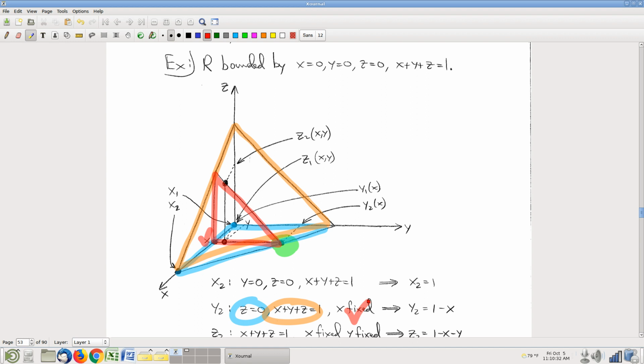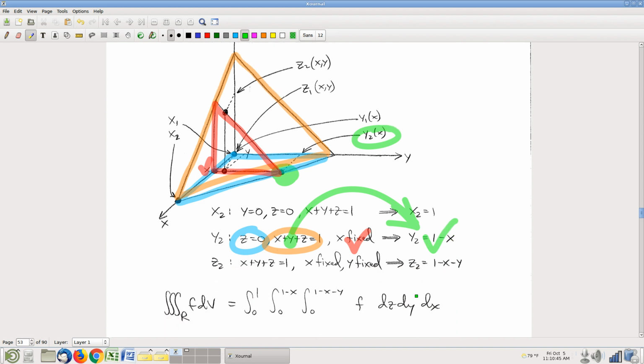Again, go through and solve for what you're interested in. You're trying to find the value of y there. Solve for that y, and you'll notice 1 minus x. So that's this y bound. Notice that it is a function of x. That's okay. It's supposed to be a function of x because it depends on the now fixed value of x that defines that slice, just as it should be.